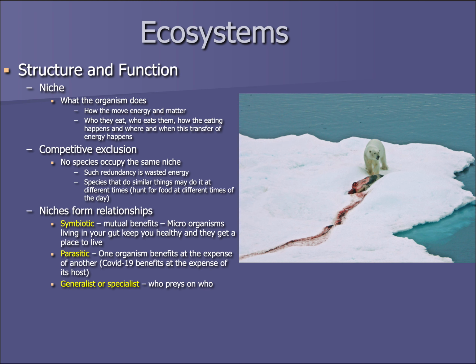Competitive exclusion, which I had mentioned earlier on, basically says no two species that occupy a similar niche are going to be in competition for that same niche at the same time or in the same place. They are going to exclude each other competitively from being successful. So an example of this would be a grizzly bear and a cougar that occupy the same national park, Yellowstone National Park, or maybe Glacier National Park in Montana.